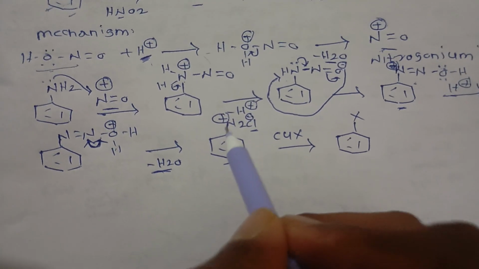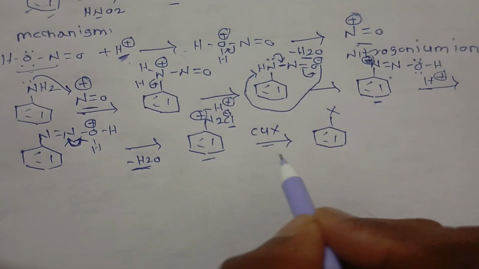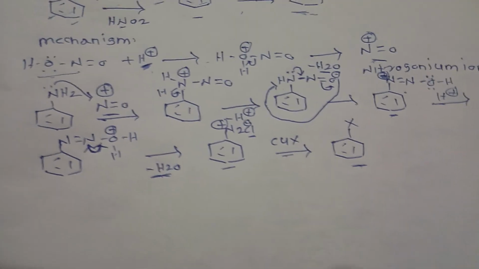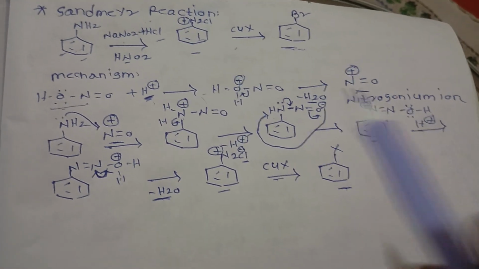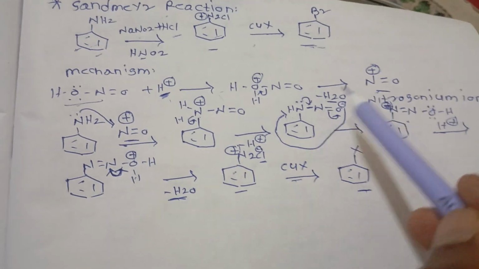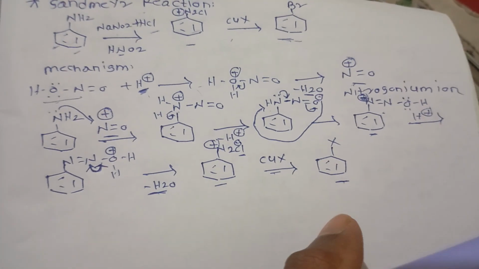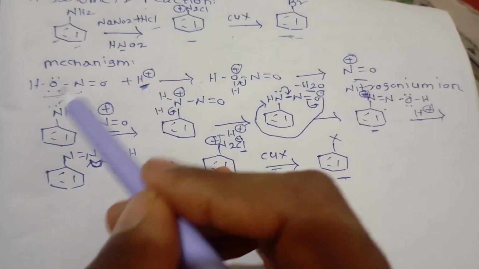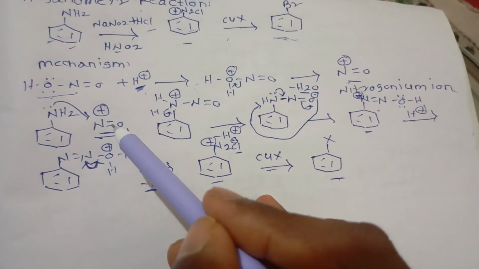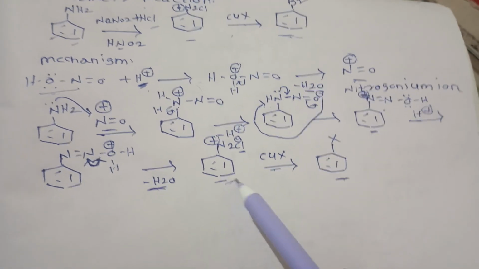Once the diazonium salt is formed, it reacts with copper bromide, copper iodide, or other copper halide, and we get our halogen. This is the mechanism of this reaction. Let me tell the mechanism again, just as an overview. There is a formation of the nitrosonium ion first. Once the nitrosonium ion is formed, the lone pair of the nitrogen of aniline attacks the nitrosonium ion, and there is a formation of the intermediate diazonium salt.